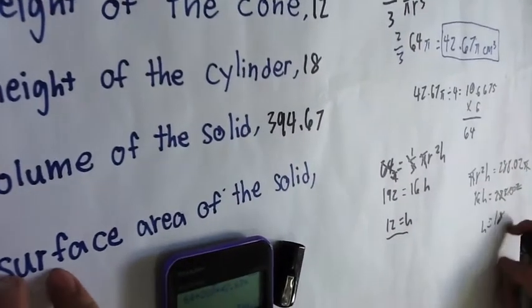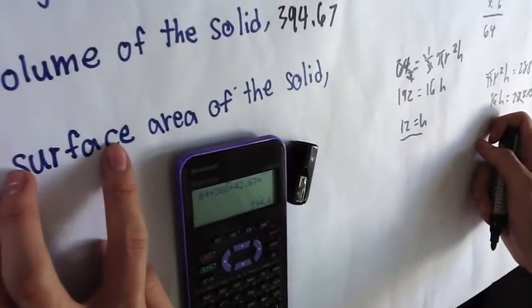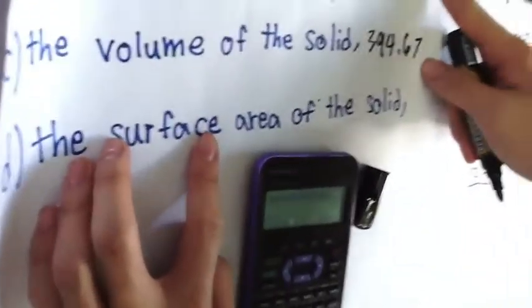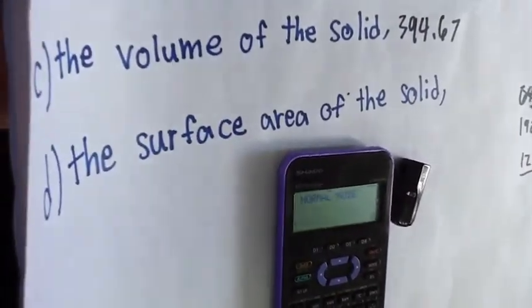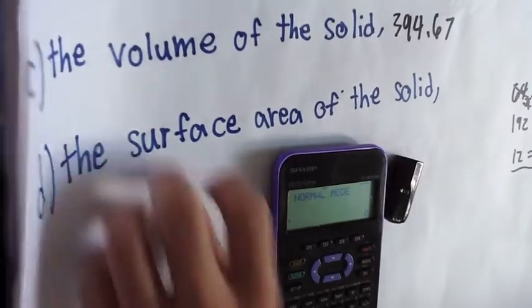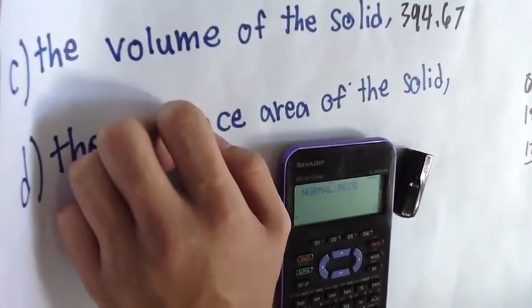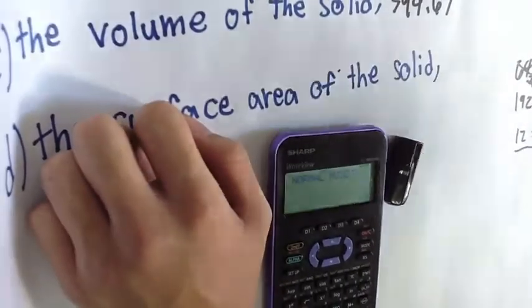Now the final part is to find the surface area of the solid. We can do that by finding the areas of the cylinder, the cone, and the hemisphere using the radius. First, in order to find the surface area of a cone, we have to find the slant height.